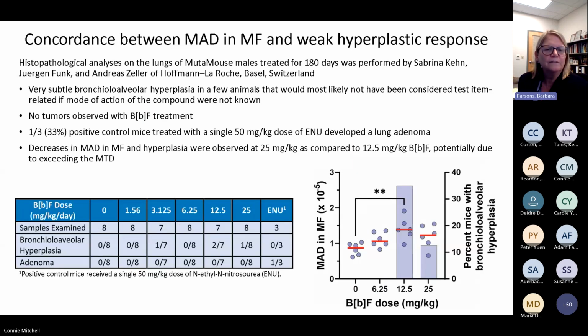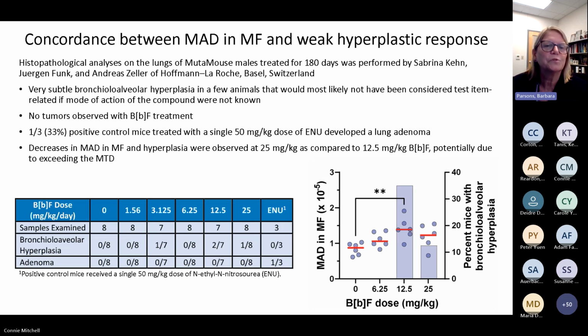So the last data I'll show you is the histopathology that was performed at Hoffmann-La Roche, and this was conducted by Jürgen Funk, Andreas Zeller, and Sabrina Ken. They reported to us very subtle bronchiolo-alveolar hyperplasia in a few animals that would most likely not have been considered test item related if the mode of action of the compound were not known. Those data are shown in the table at the bottom left.